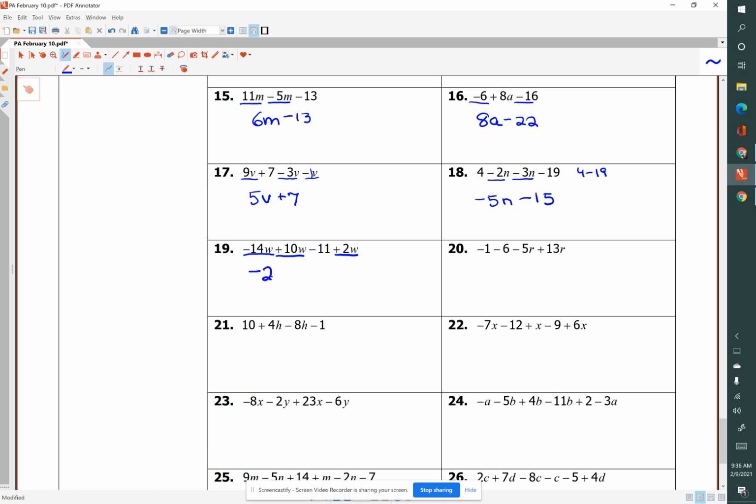So we have negative 2w minus 11. And number 20, negative 1 minus 6 minus 5r plus 13r. Well, we can combine negative 5r plus 13r, so that would be negative 5 plus 13, which will be 8r. And then we have negative 1 minus 6, which is negative 7.